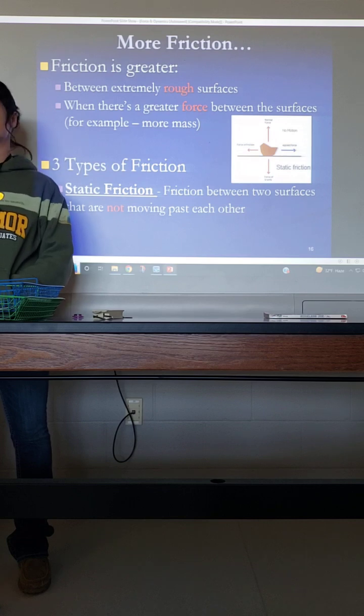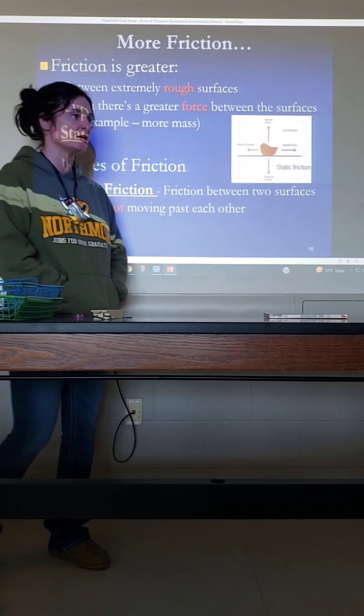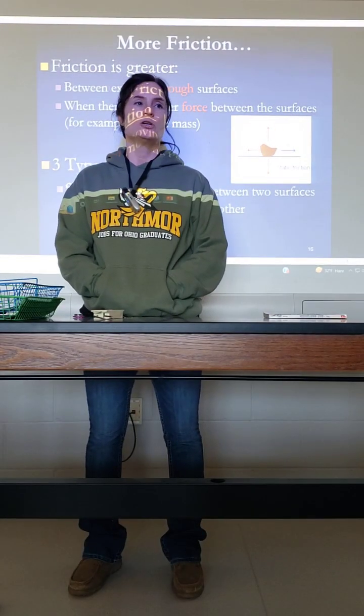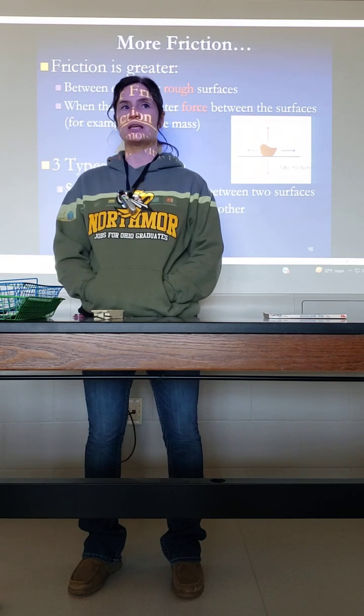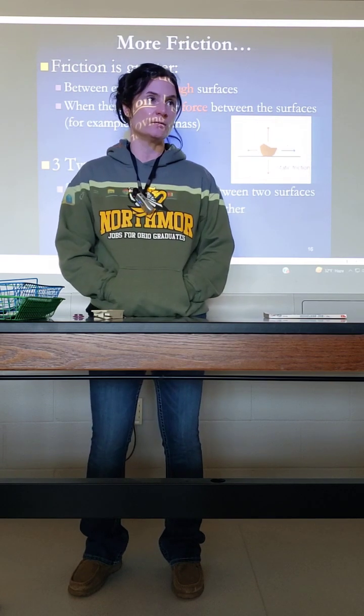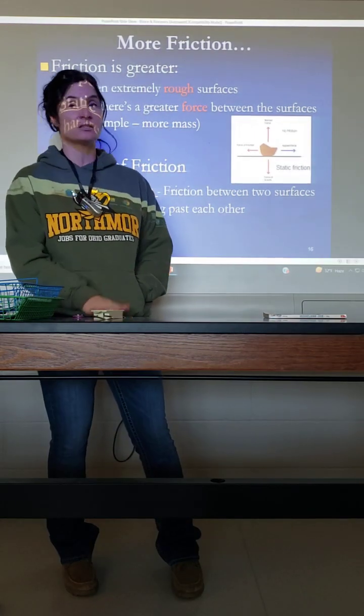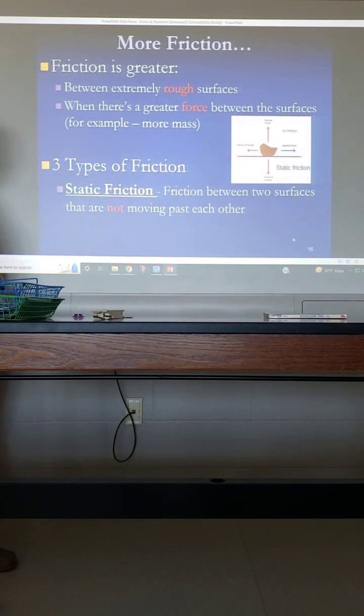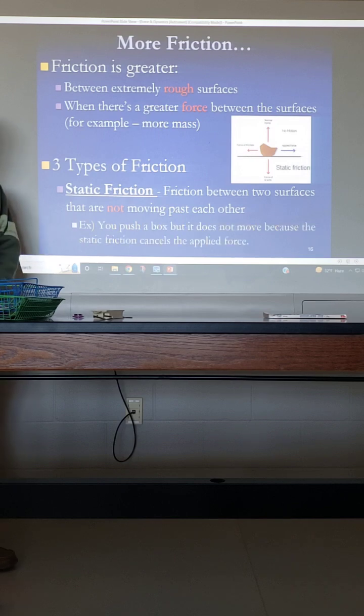If there's something that's in static equilibrium, it's a situation where there is no change taking place. So static in this case means no change in the motion. So if this table is not moving, it's going to stay not moving. Okay. So they are not moving past each other. I push a box, but it doesn't move because the static friction cancels out my applied force. Okay.